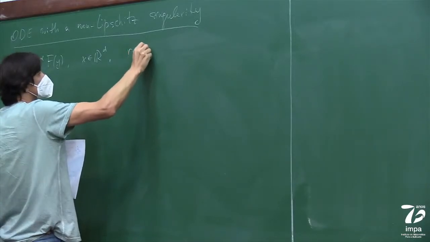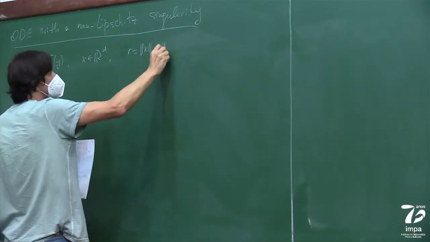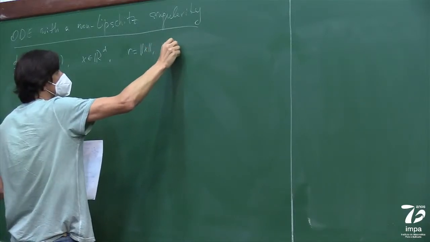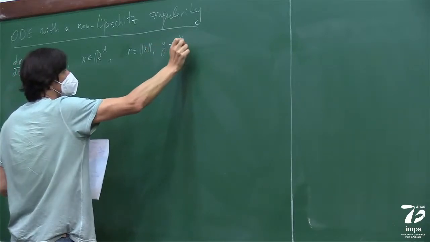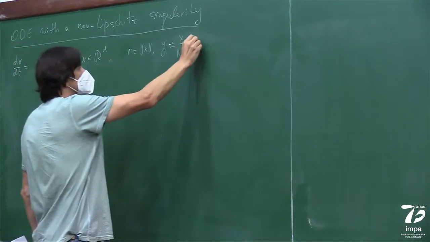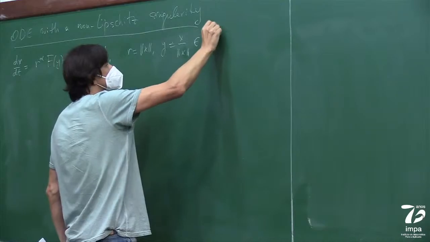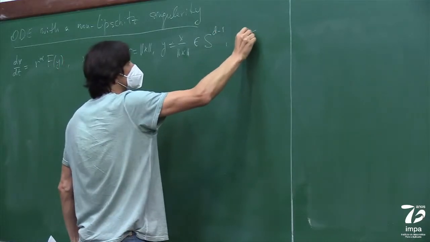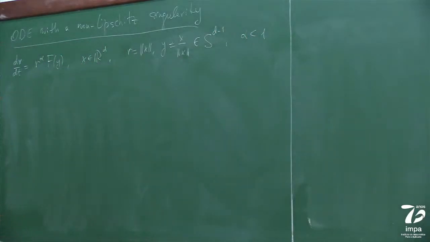So r is the distance and y is the unit vector along x, so it's in a sphere, and alpha is smaller than 1 for having non-Lipschitz condition, for not having Lipschitz continuity at the origin.